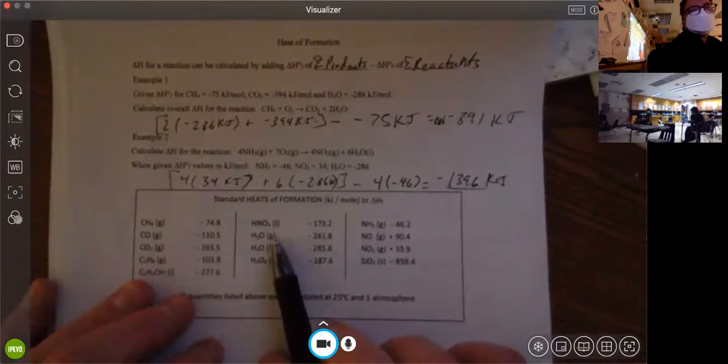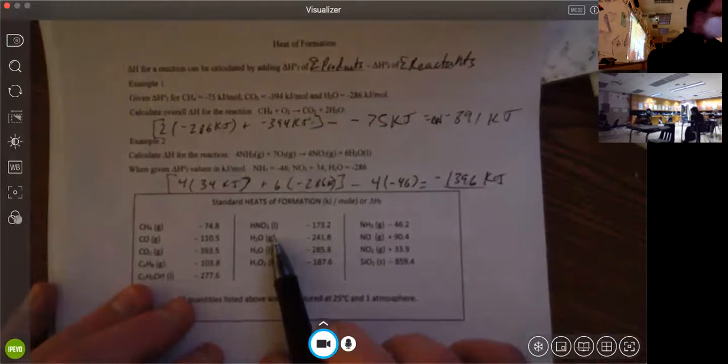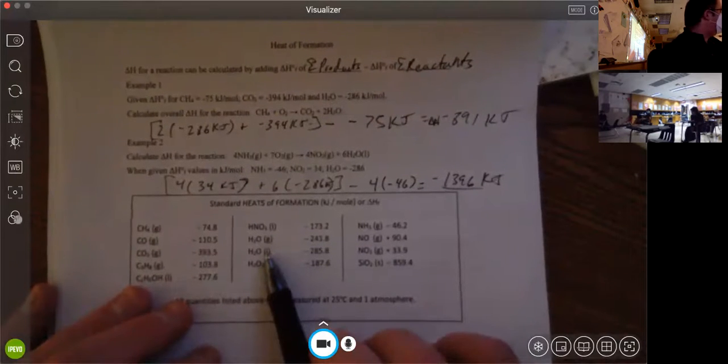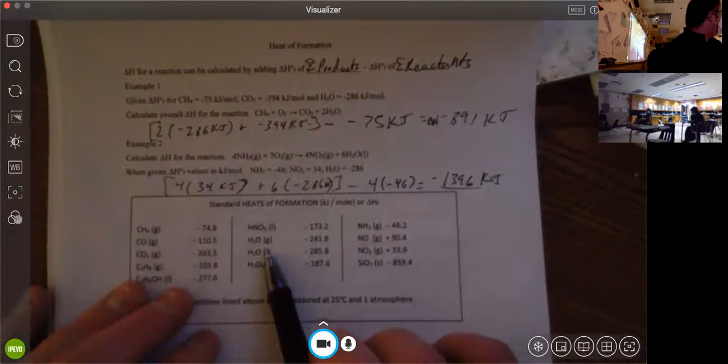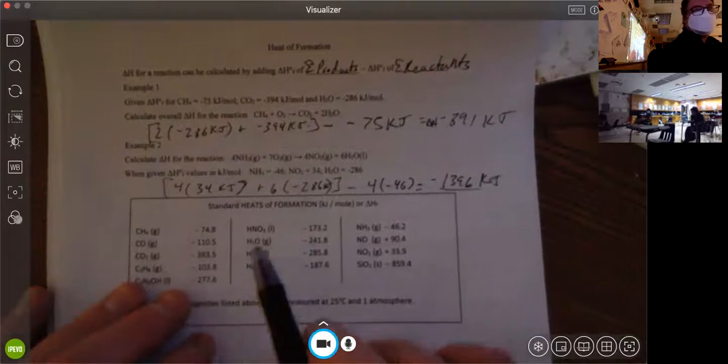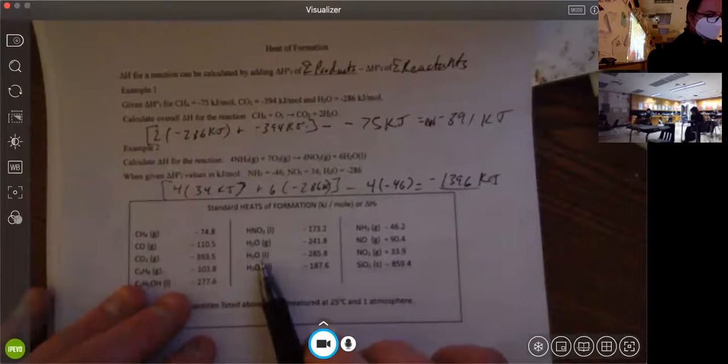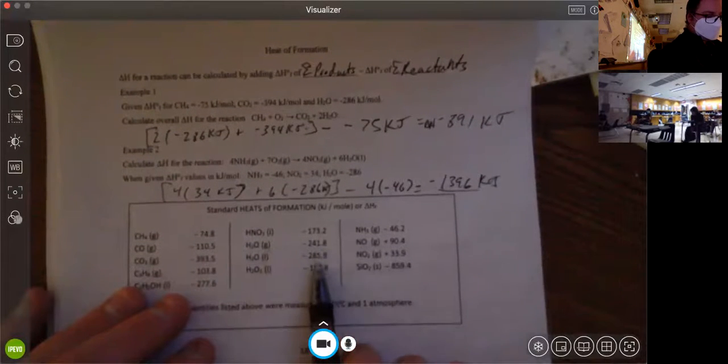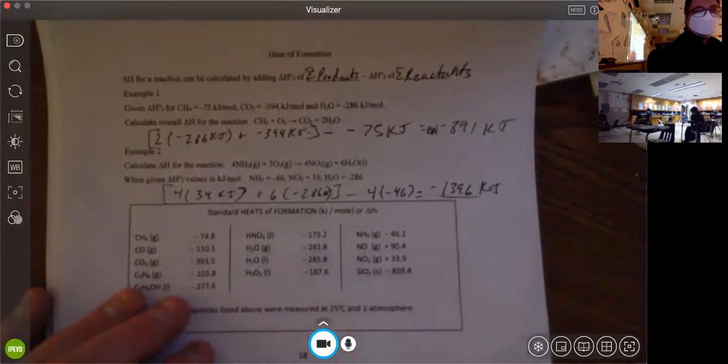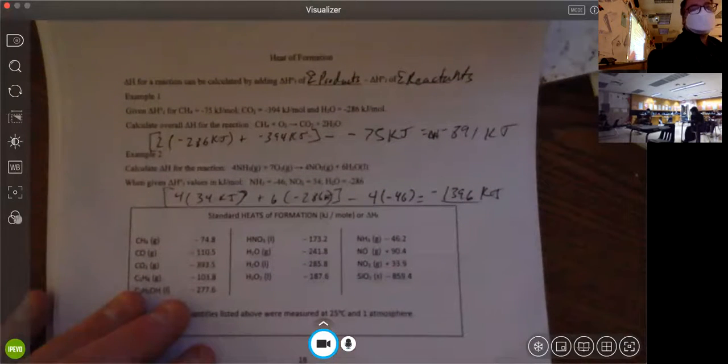In my mind, there's so much heat given off that it's usually in vapor, but from what I'm seeing, a lot of times in the product side of a combustion reaction, they'll have this as H2O liquid. So just be careful of that. It will throw your answer off a little bit depending on how many moles are made.